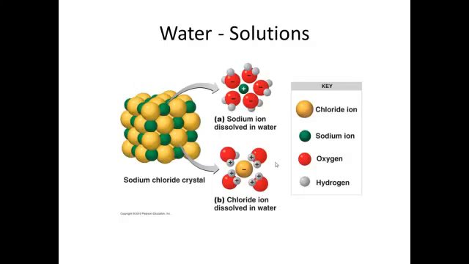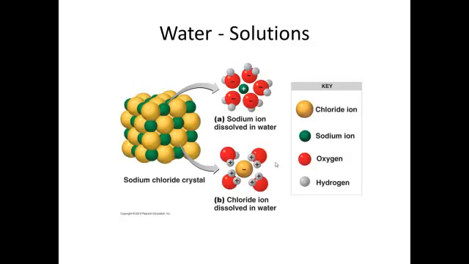Now, we call this a solution, either a salt solution or a sugar solution. The solid stuff that you put into water we call a solute, and we call water the solvent. You put a solute and a solvent together and you get a solution.